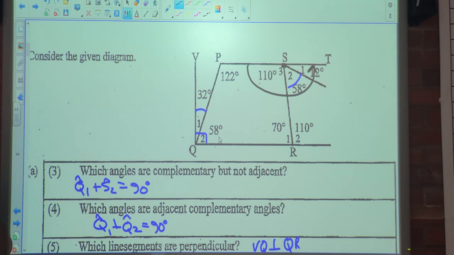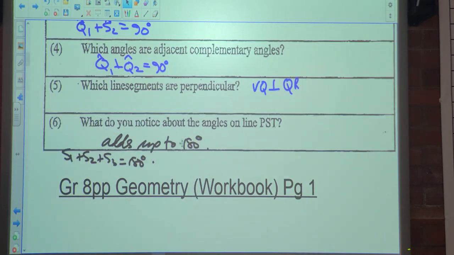Anybody else say anything different? You see, this is not specified yet. So if that was in an exam and you said that, I would have given you the mark for it, because it's true what you say. You understand? But because I don't see any specification made here, I don't understand what they're looking for exactly or specifically.